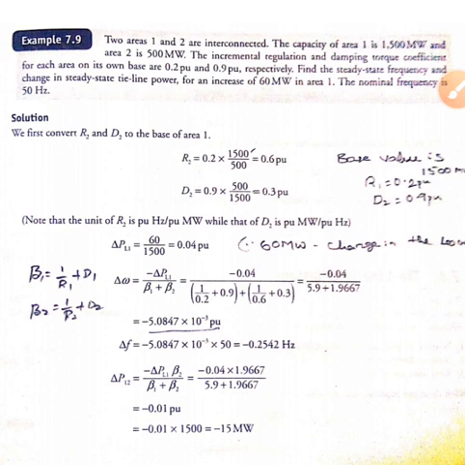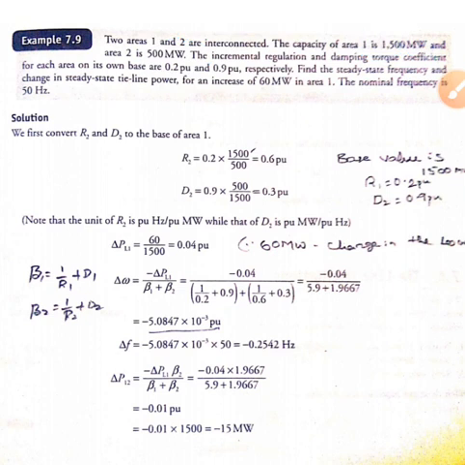The capacity of area 1 is 1500 megawatt and the capacity of area 2 is 500 megawatt, and the incremental regulation and damping torque coefficient for each area on its own base are 0.2 pu and 0.9 pu respectively, right?